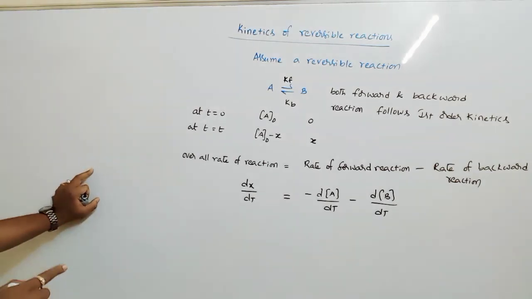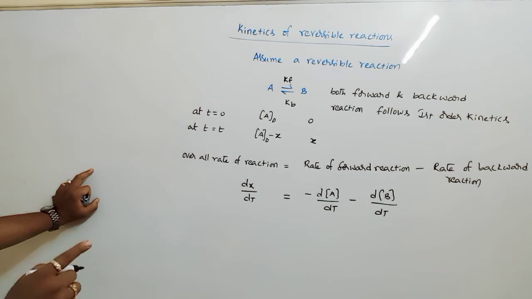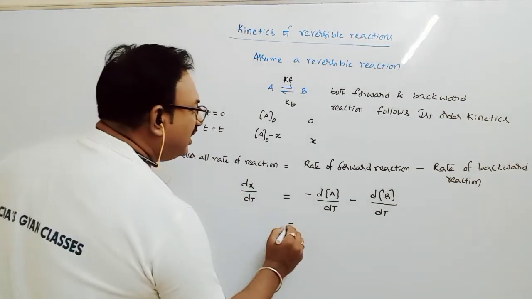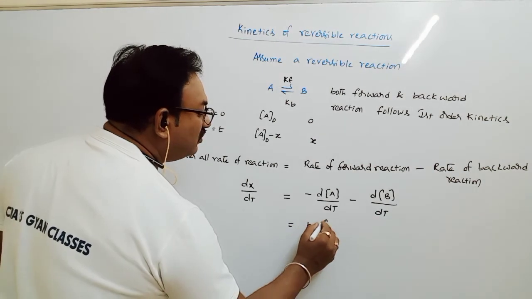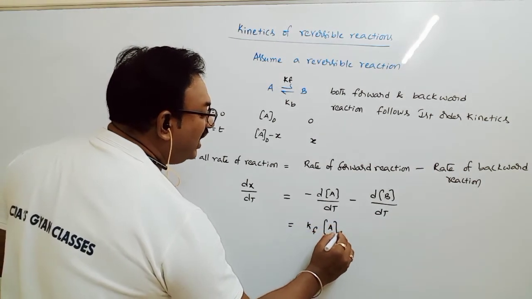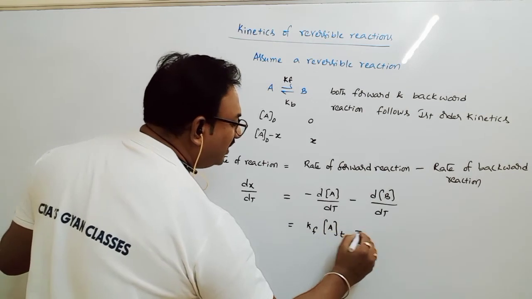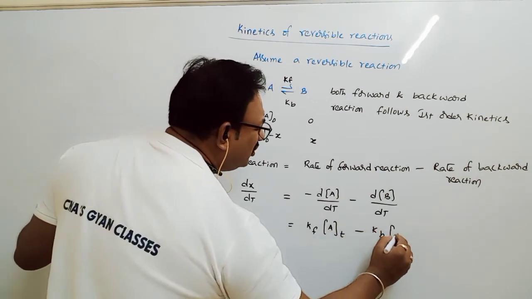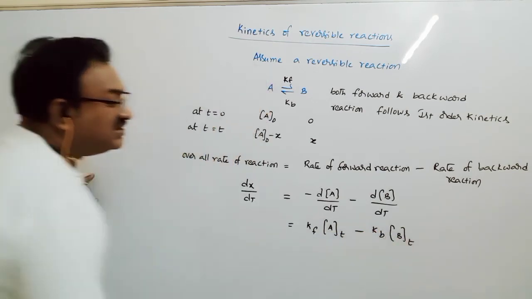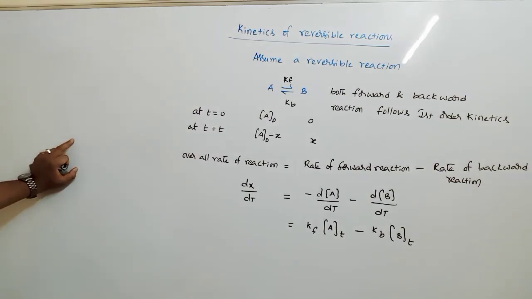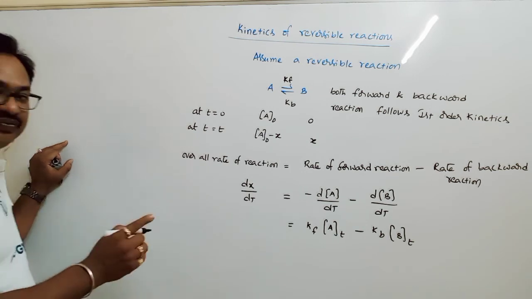So the overall rate dx by dt is equal to Kf into the concentration of A at that instant of time minus Kb into the concentration of B at that instant of time.